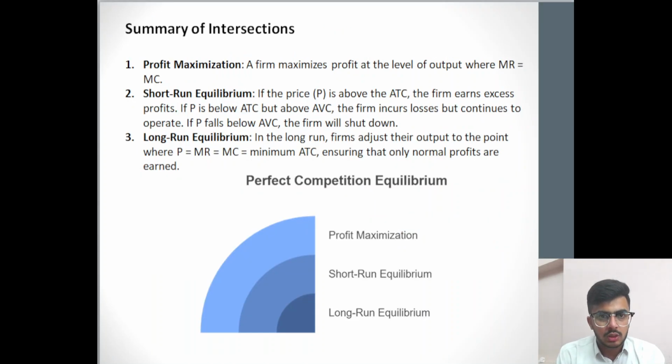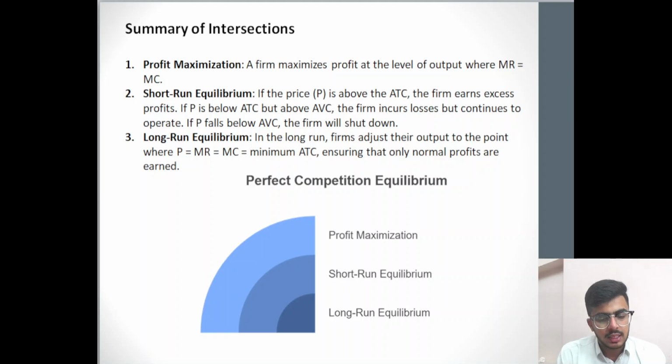Now, summary of intersections. Profit maximization occurs at marginal revenue equals marginal cost. Possible scenarios: excess profit, when price is greater than average total cost.